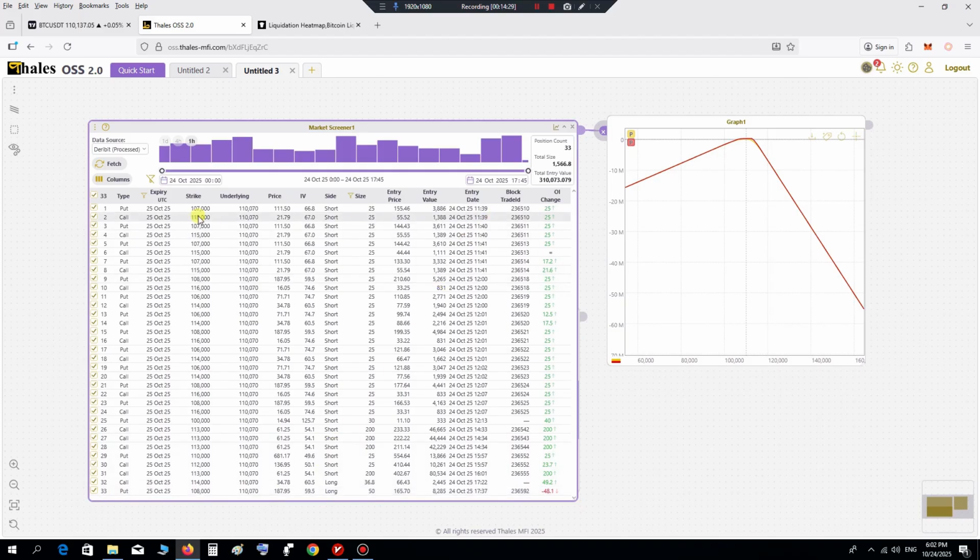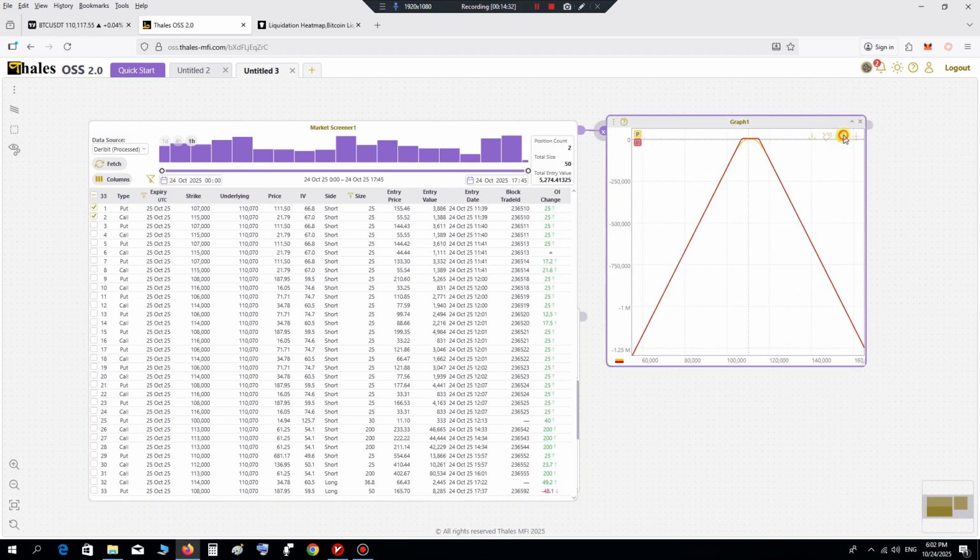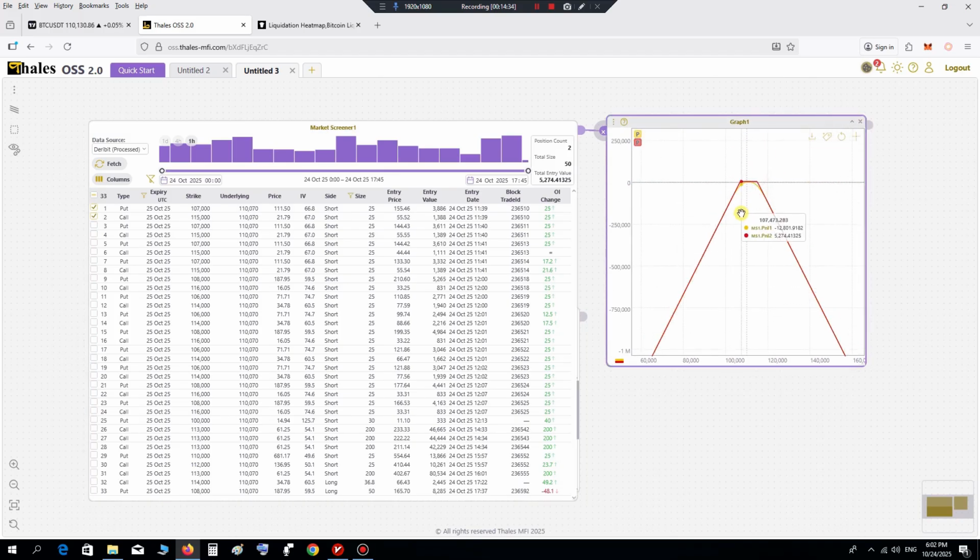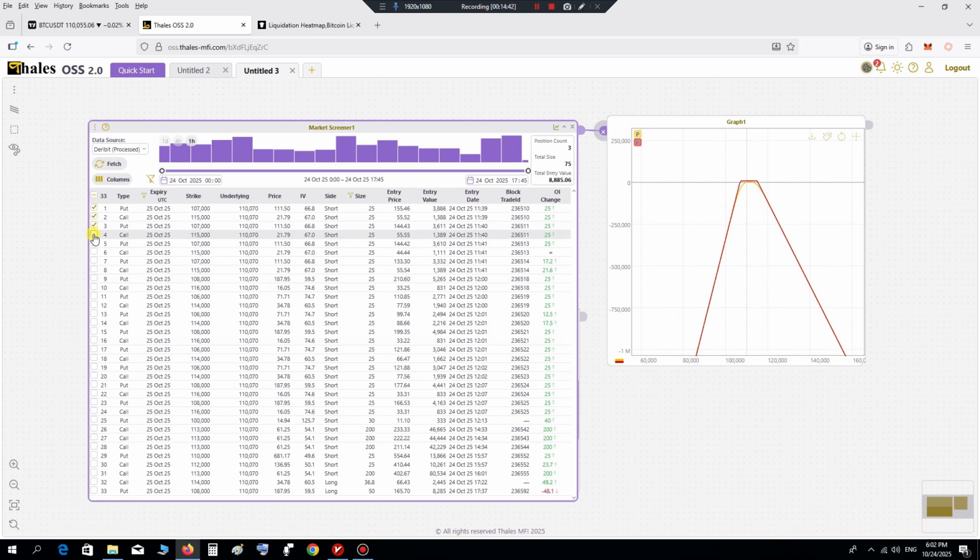And let's see what strategies we have. Look, this is a short strangle, volatility between 106 and 114 for tomorrow. These two as well, both are short strangles.